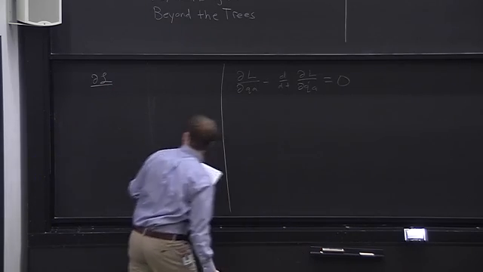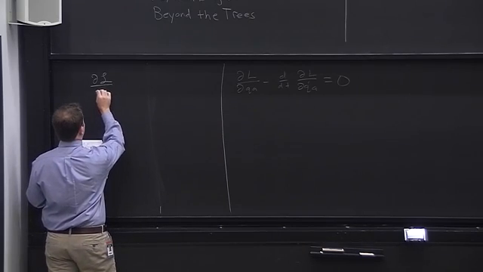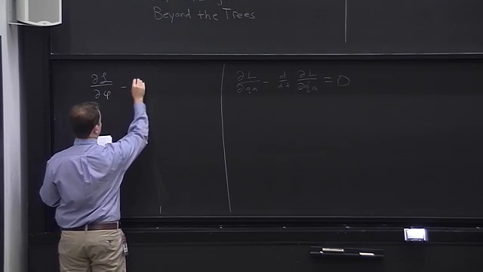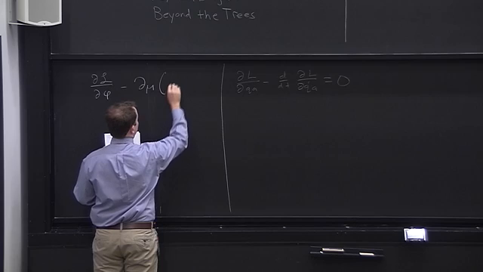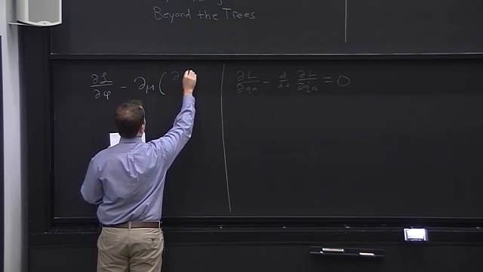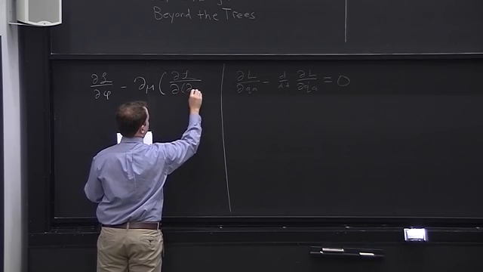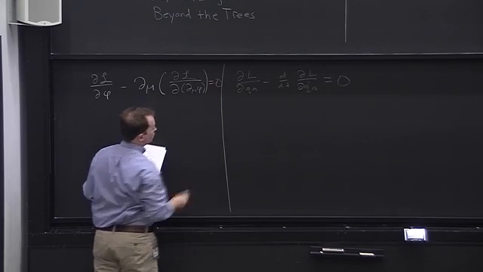field theory is the derivative of the Lagrangian with respect to the field minus the forward derivative of dL/d(d mu phi) has to be equal to 0.